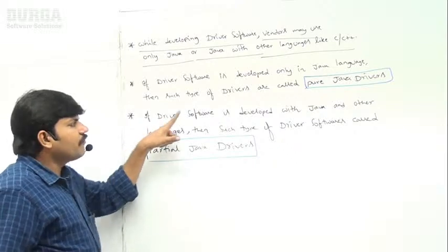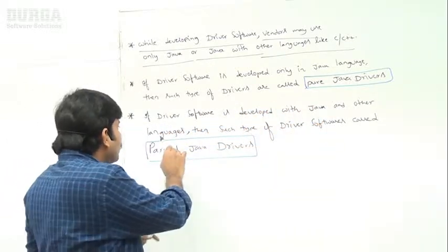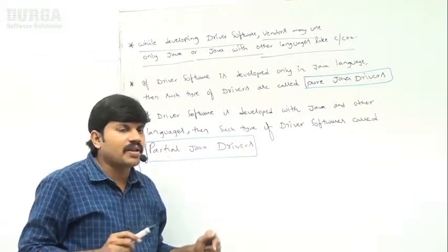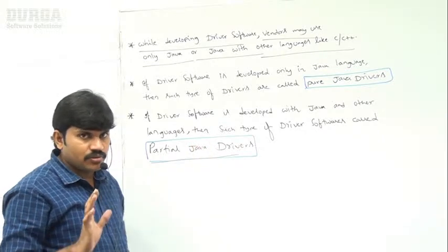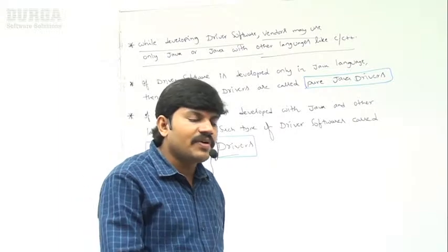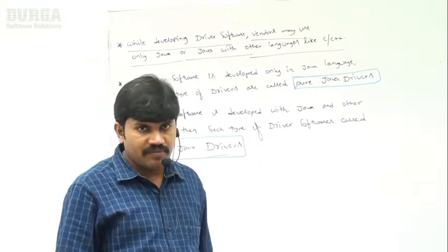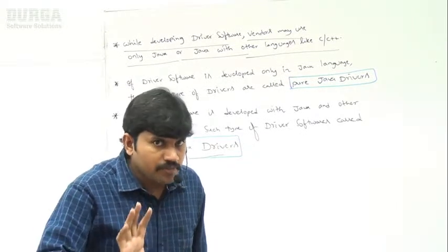Next, if a driver software is developed with Java and other languages, then such type of driver softwares are called partial Java drivers. Are you getting that? So total, how many types of drivers are there? It may be pure Java driver or it may be partial Java driver, right? Okay, that's all. This is what you people should be aware of, right? Are you in a position to understand, right?